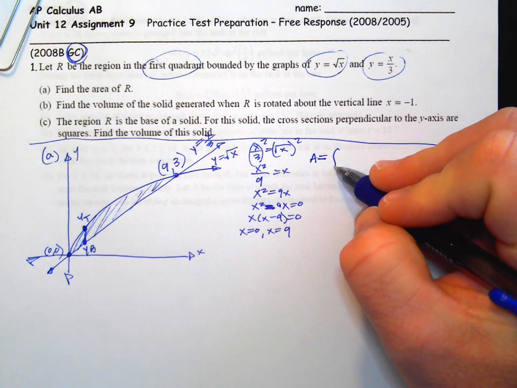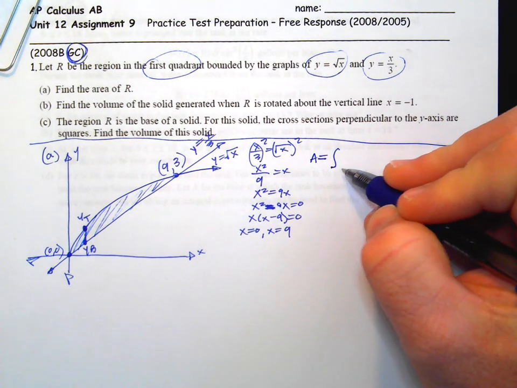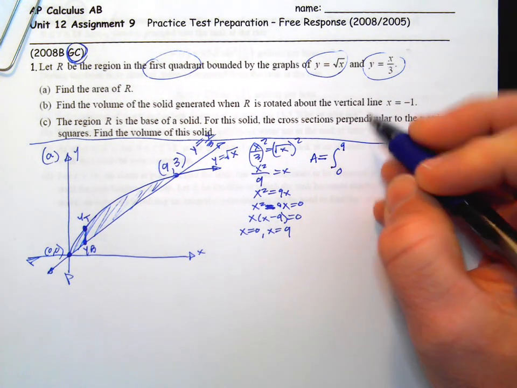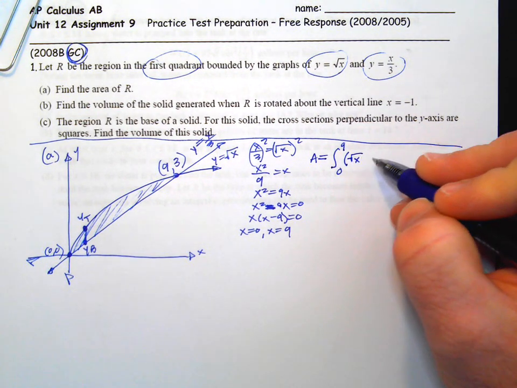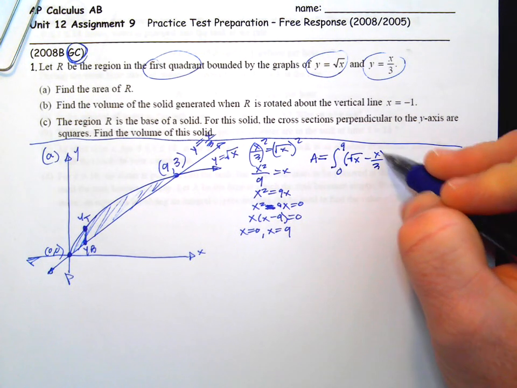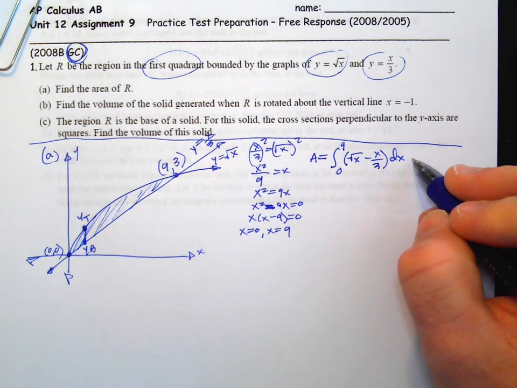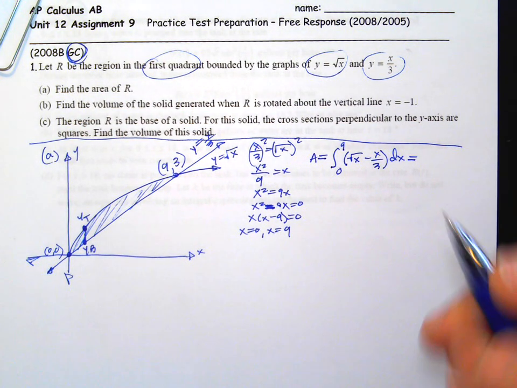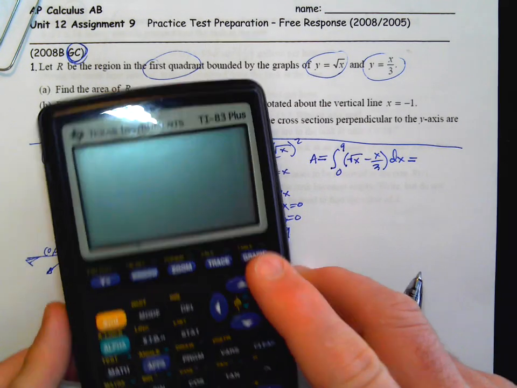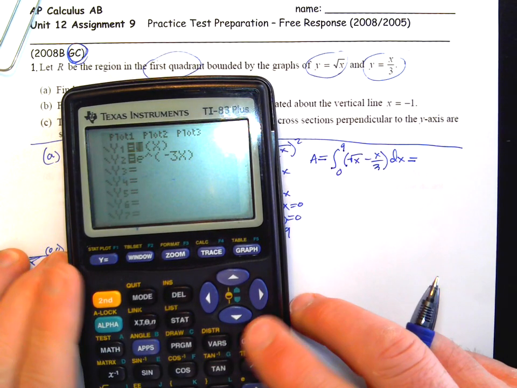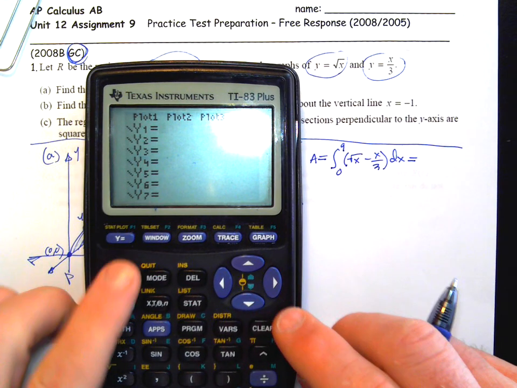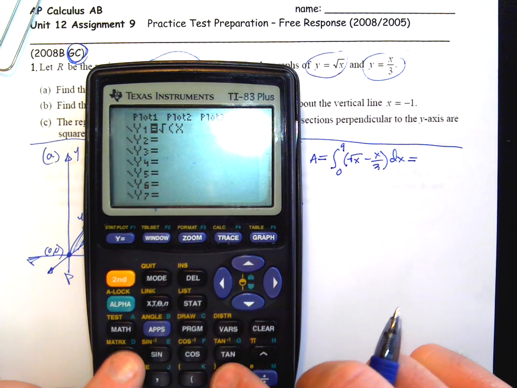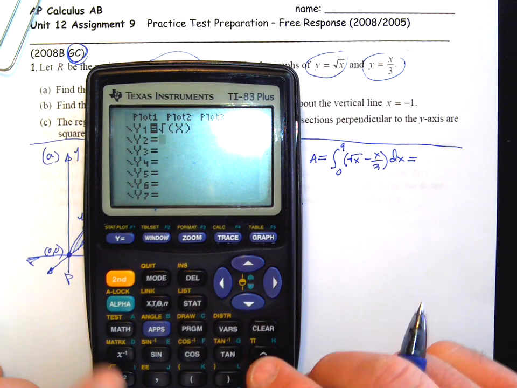So we're going to integrate from left to right, 0 to 9. And y top in terms of x is the square root of x function minus y bottom, dx. And we have a calculator, so for sure I'm going to use my calculator to do any integrals because that's going to save us a lot of time. We could put these functions in the y menu.